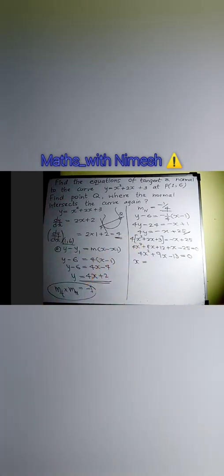Now to solve a quadratic equation, you can use the formula we discussed in O level. To find roots: minus b plus or minus the square root of b square minus 4ac, divided by 2 times a. b is 9, minus b is minus 9. b square, 9 square is 81, minus 4 times ac.